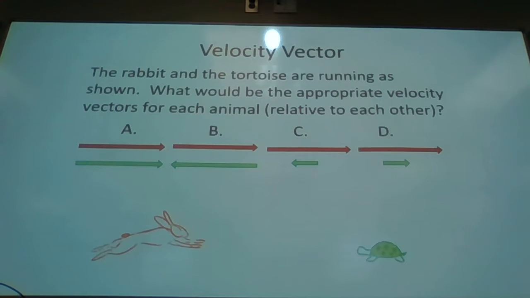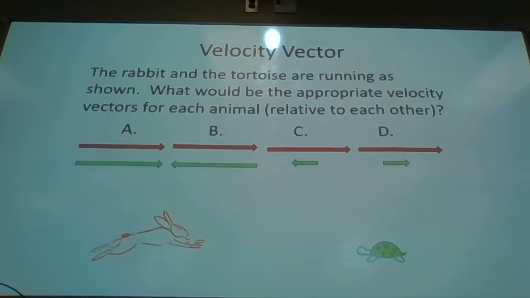Tell your neighbor. Tell them why. There's a difference.